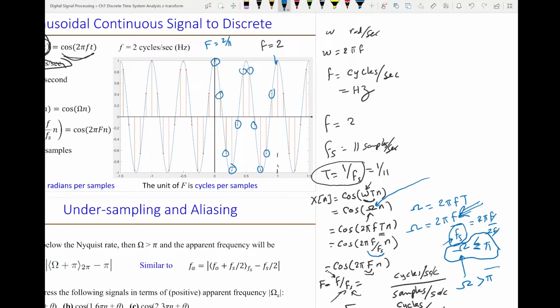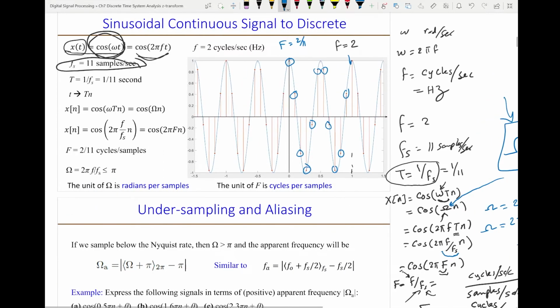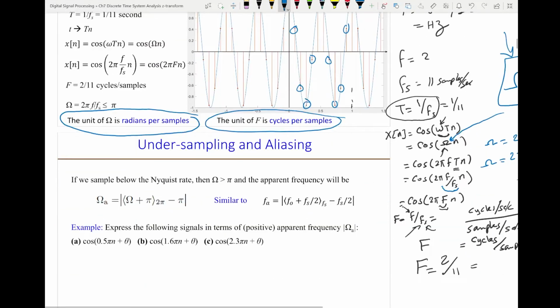So this is important to keep in your mind. Omega equal or less than pi. Okay. And again here we said the unit for omega is radians per sample, and for the digital F is cycles per sample. Now if we sample under the Nyquist rate, then this is what will happen.